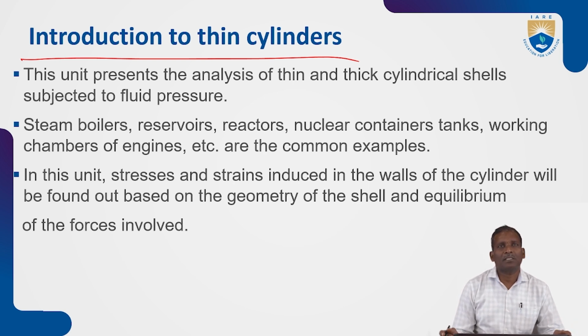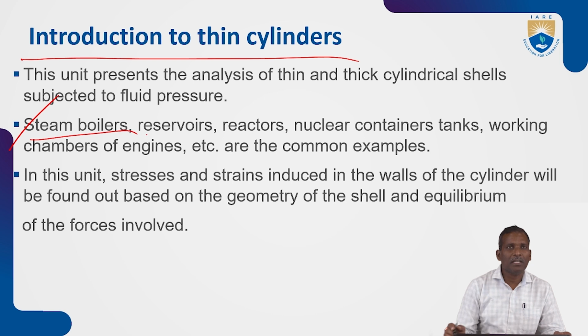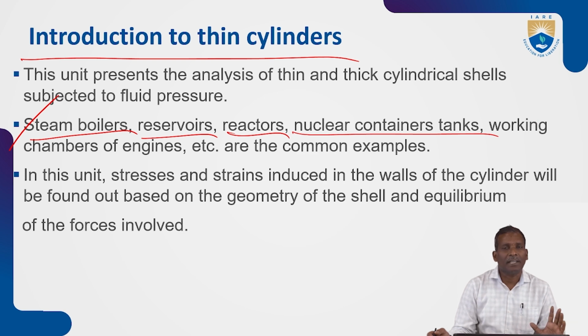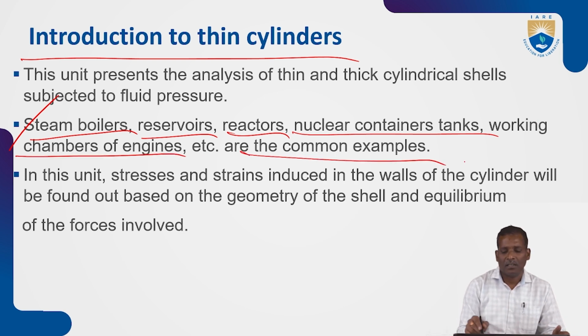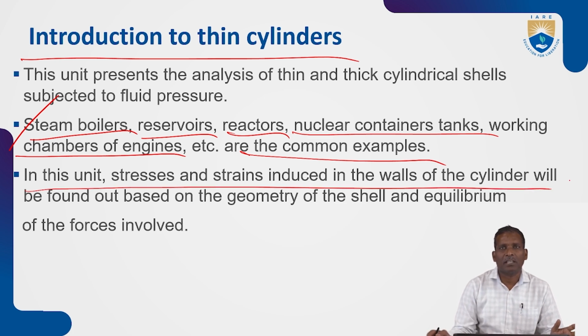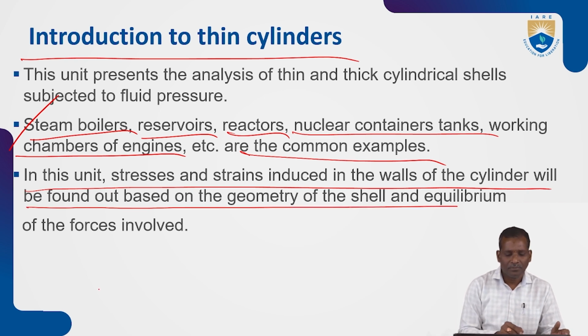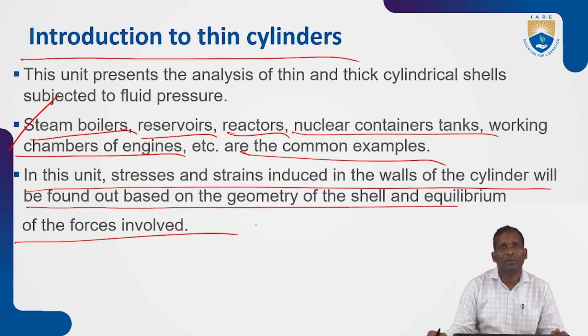Examples of thin cylinders are steam boilers, reservoirs, reactors, nuclear containers, container tanks, working chambers of engines, etc. In this unit, the stresses and strains induced in the walls of the cylinder will be found out based on the geometry of the shell and equilibrium of the forces involved.